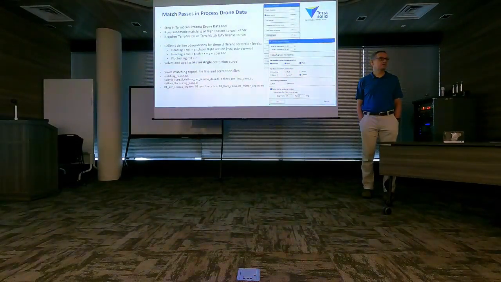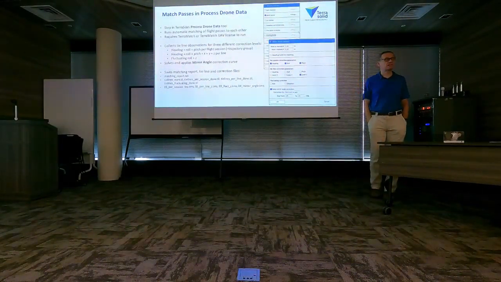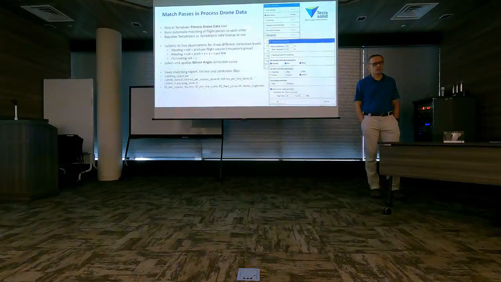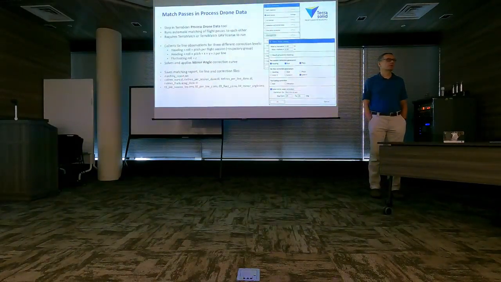Then it uses the same set of tie lines to do the per line correction if that is selected. And it will apply the per line correction to the point cloud and to the tie lines.